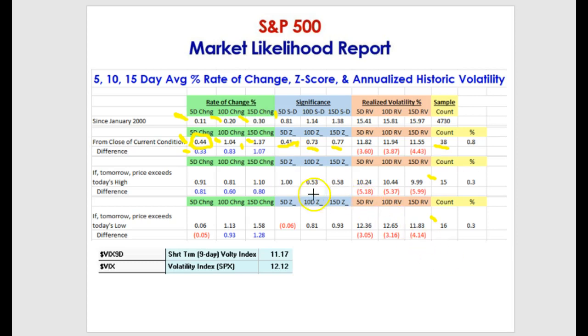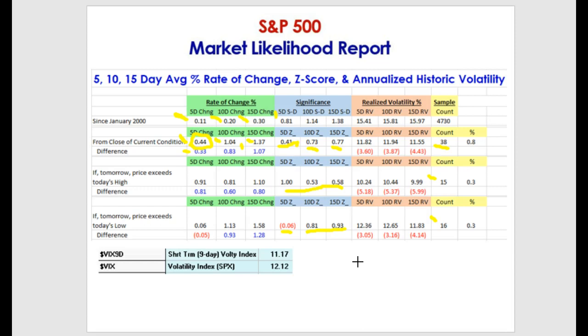You can see here similarly the z-scores between half a standard deviation and a full standard deviation to the upside. On the others, you have pretty much a flat z-score and then almost a full standard deviation on the 2 and 3 weeks. So generally, you have a bullish bias here. So that's the rate of change, showing that we have a bullish bias based upon the history of this market condition.